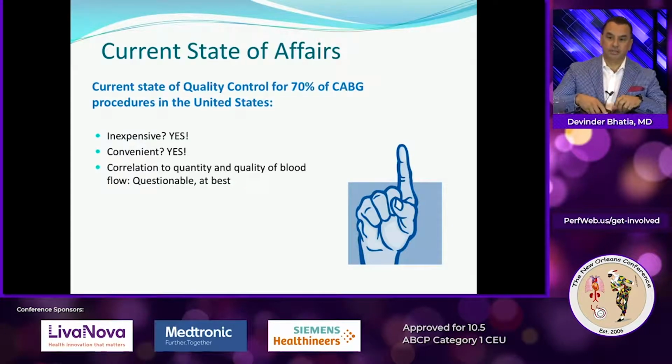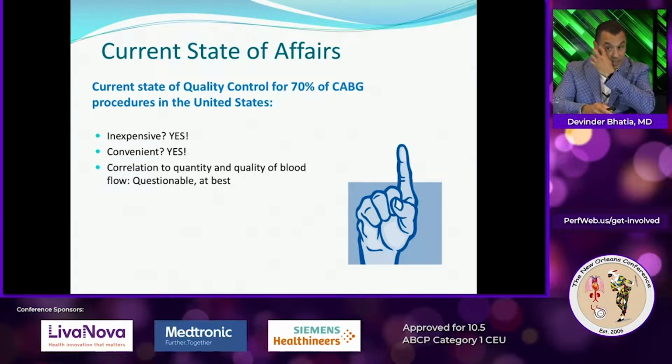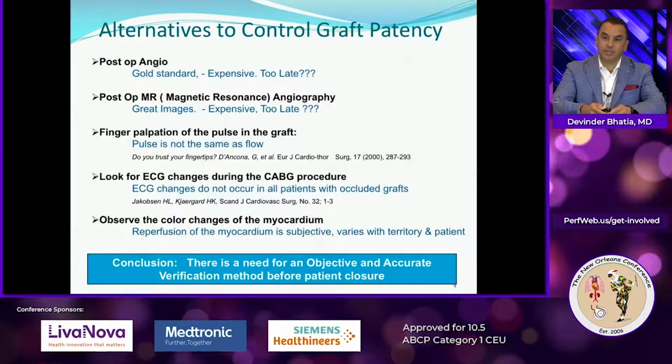So the current state of affairs, there is a quality control for 70% of CABG procedures in the United States. Is it inexpensive to assess these grafts? Yes. Is it convenient? Yes. And is there a correlation to quantity and quality of blood flow? Questionable at best.